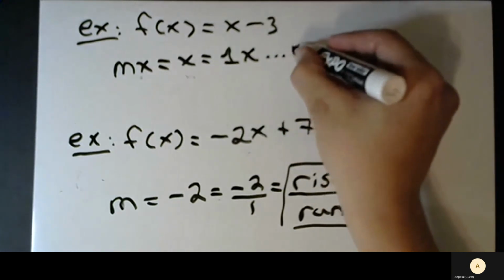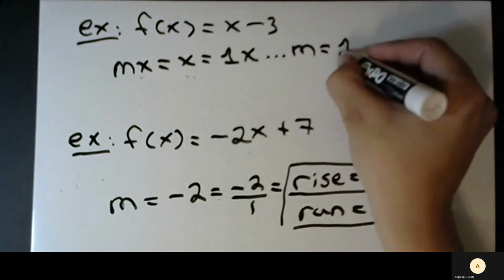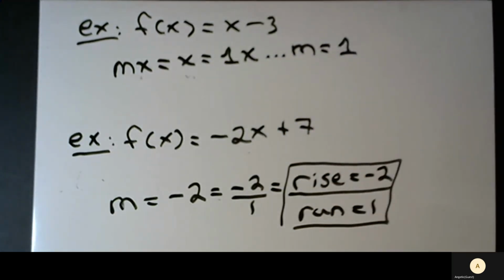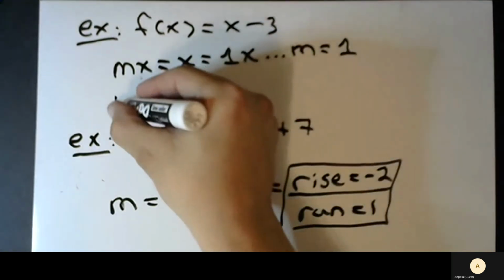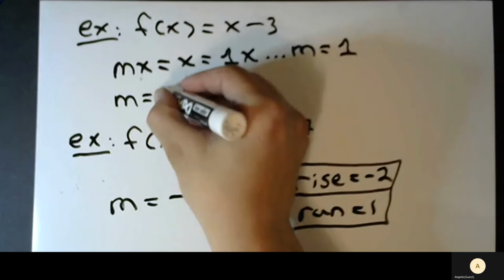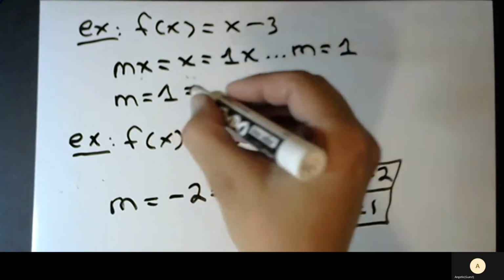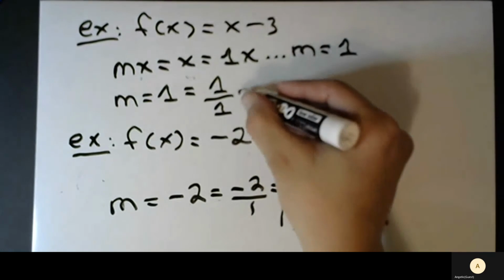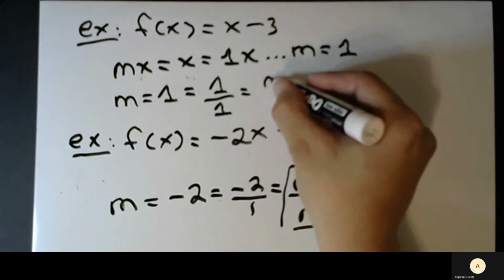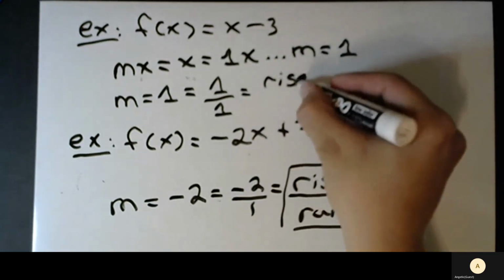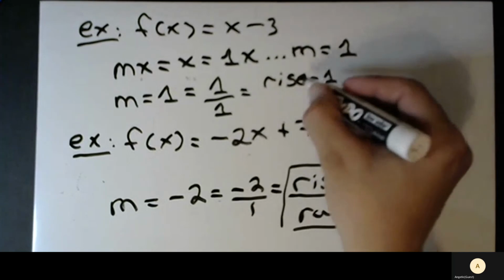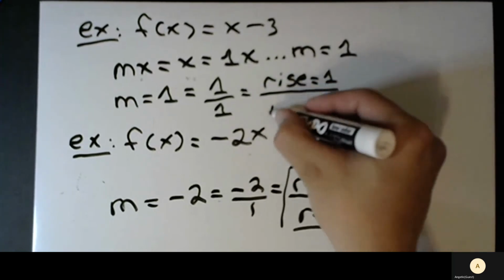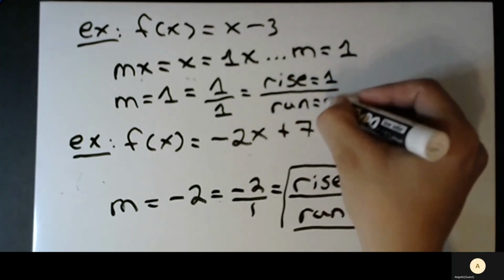So this meant m was equal to 1. That's just going back to that previous example. So for m equal to 1, we're going to rewrite this as 1 over 1. 1 is just a whole number. So for this one, rise is 1, run is 1.